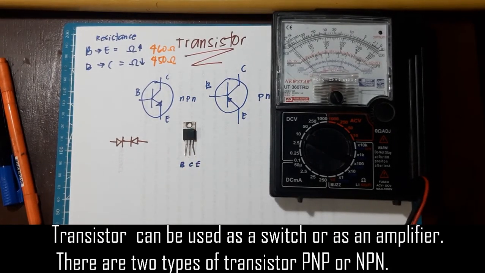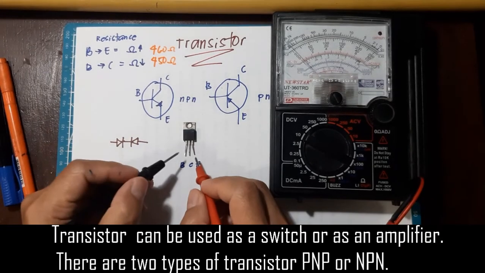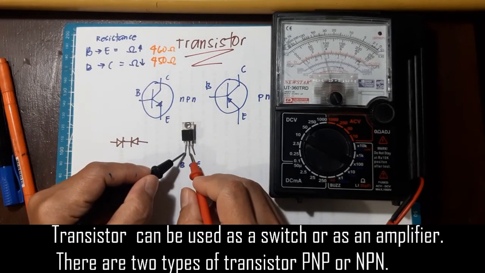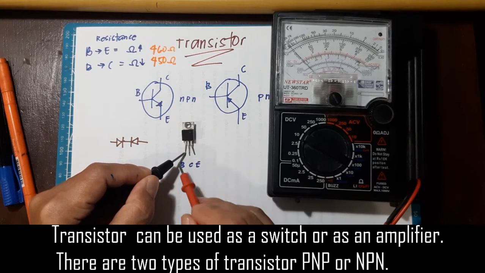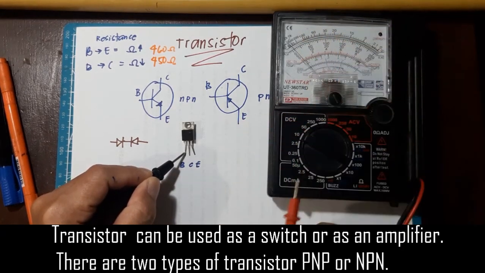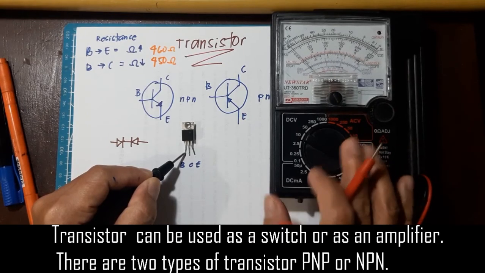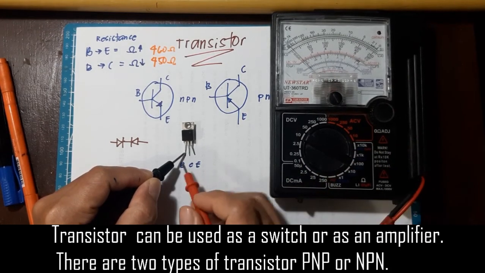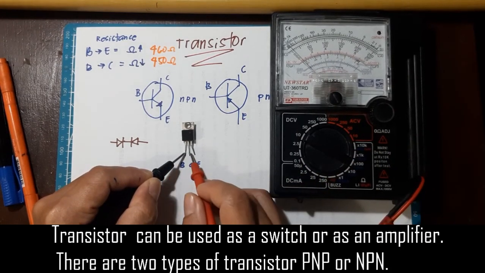Now what type of transistor is this? If black is my positive, because my multimeter is using conventional current flow, and this is my positive, I can say that this is NPN.